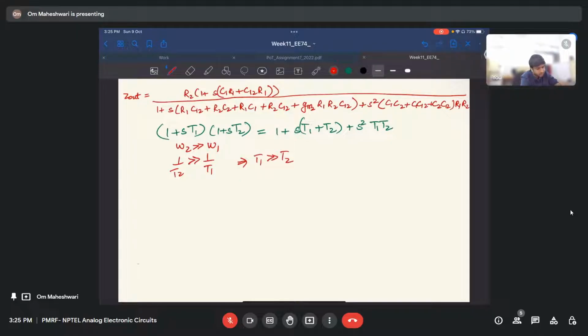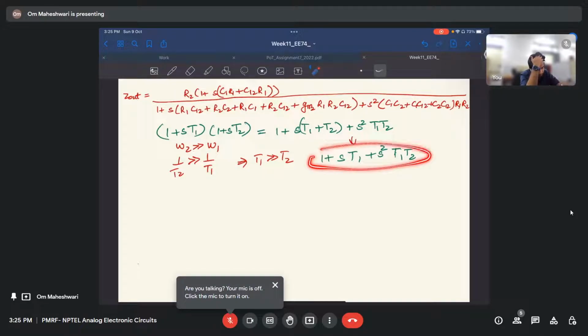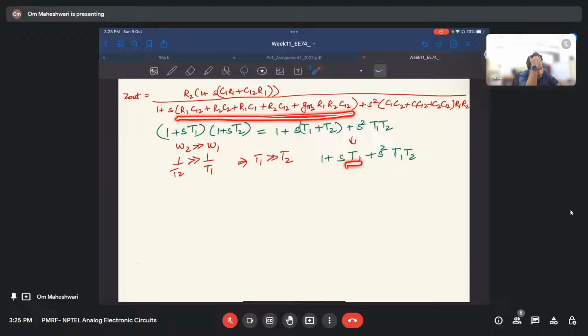So if T1 is much greater than T2, then we can ignore T2 from here, right? So we will get this as 1 plus S T1 plus S square T1 T2. So now if we compare this equation with this denominator term, we can see what is T1. T1 will be the term multiplied with S, and T1 T2 will be the term multiplied with S square.